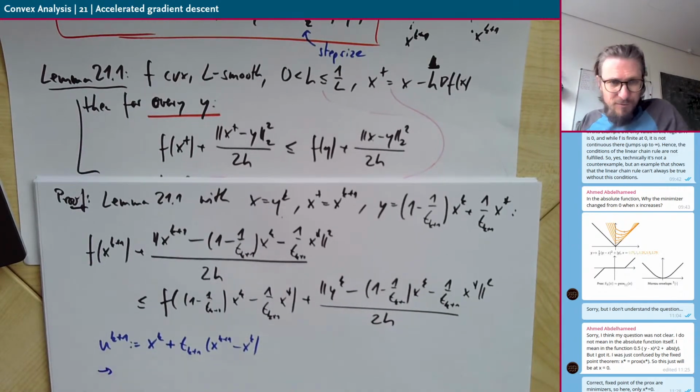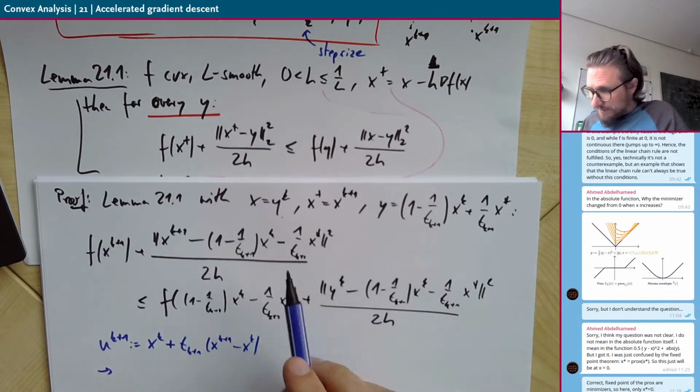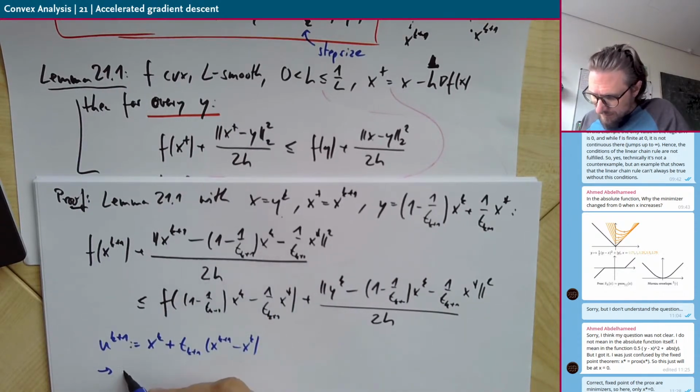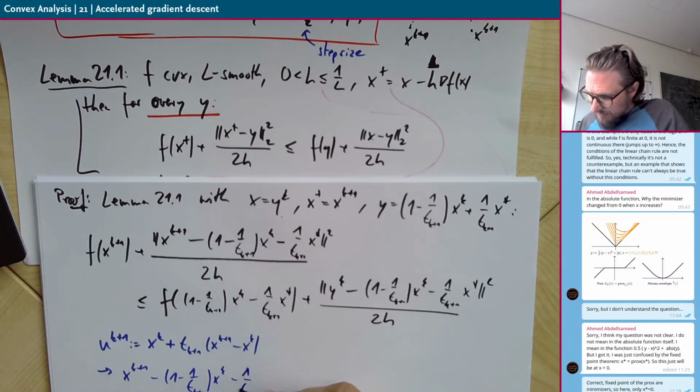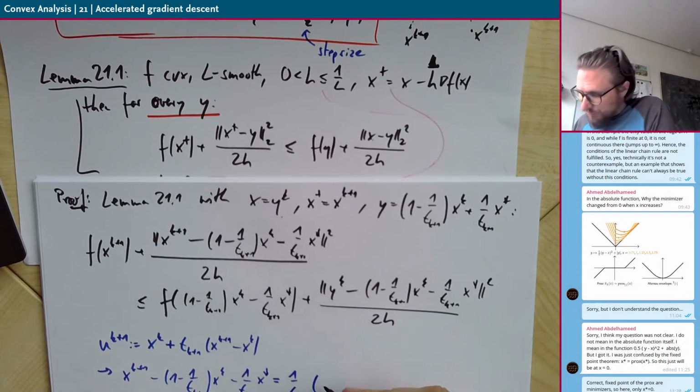And if we do that, we can express this expression over here, xk plus 1 minus 1 over tk plus 1 xk minus 1 over tk plus 1 x star, as 1 over tk plus 1 times uk plus 1 minus x star.